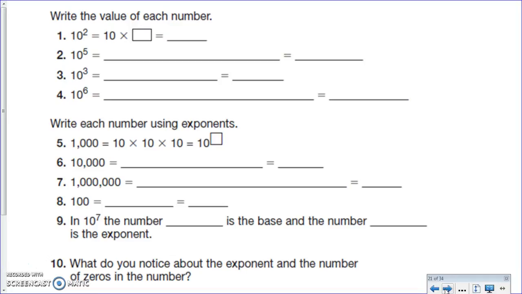Write the value of each number. So we've got 10 to the second power, also known as 10 squared. So it's going to be 10 times 10, which equals 100.